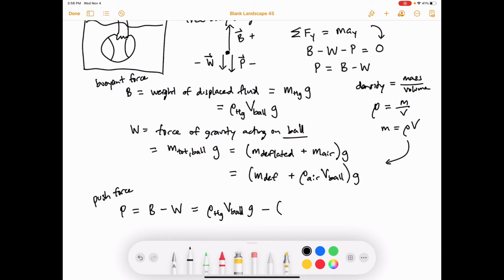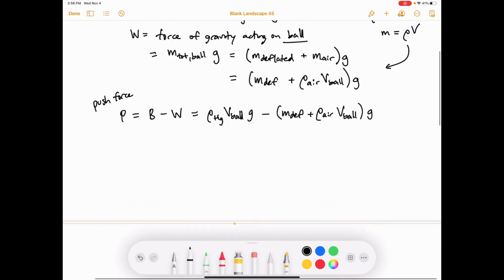We subtract the mass of the deflated ball plus the density of air times the volume of the ball, times g. We could just plug the numbers in at this point, but I'm going to rearrange things a little bit to make it a little easier to work with. I have two terms that have a common factor of the volume of the ball times g.